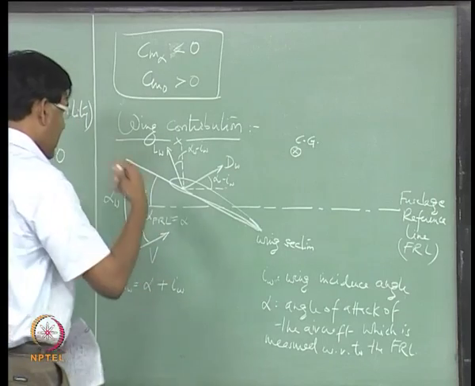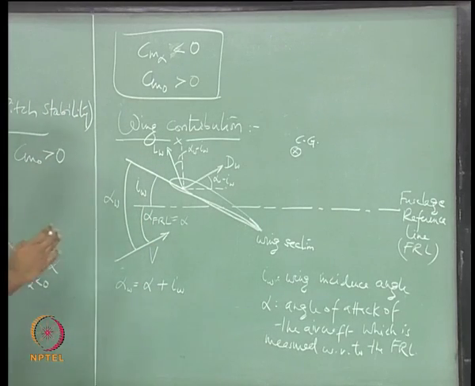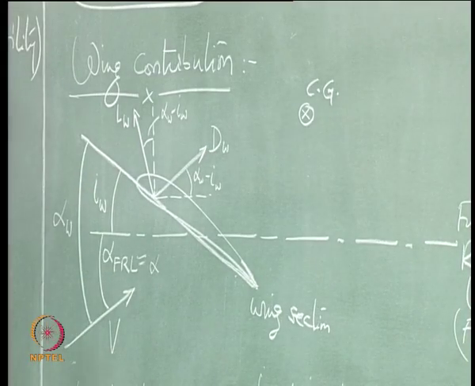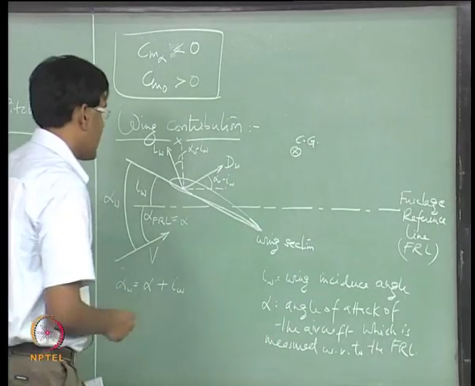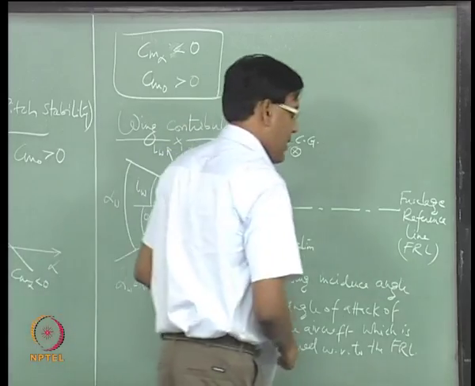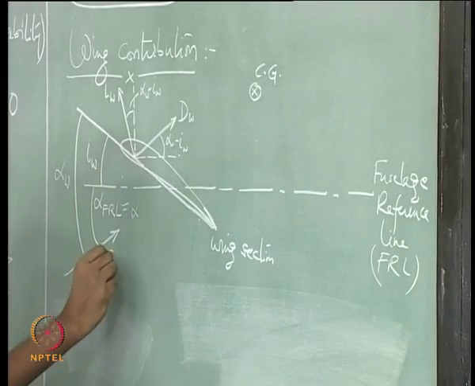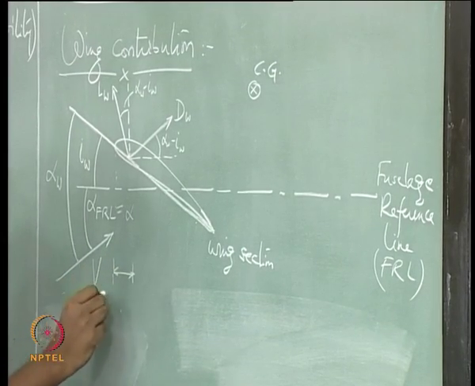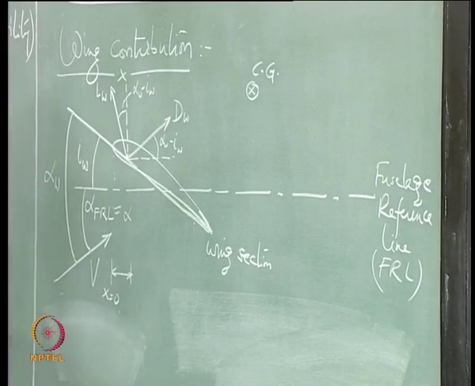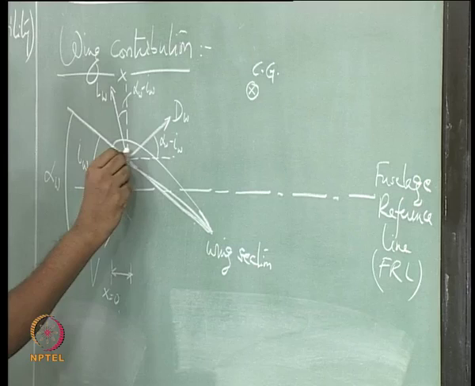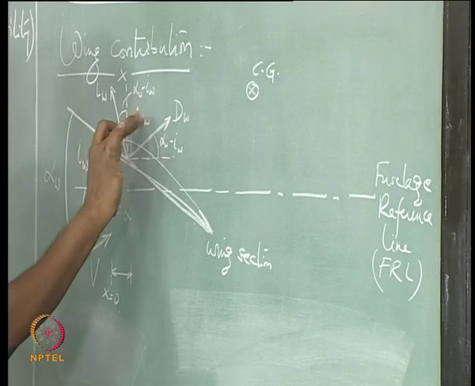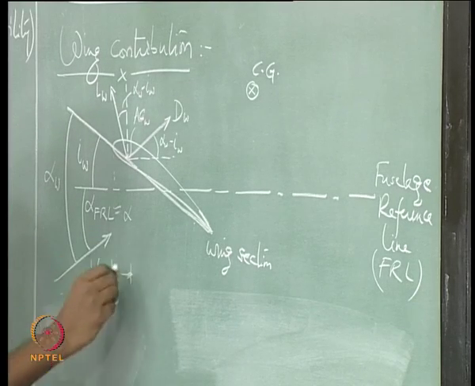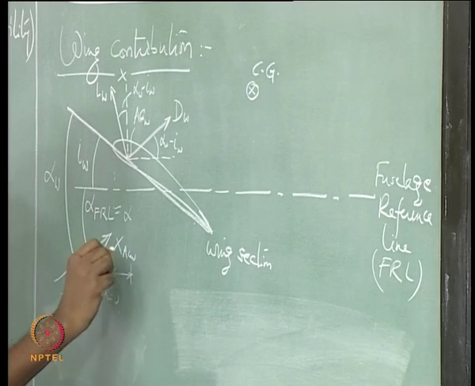In this formulation, or in general, the distances on the aircraft are measured with respect to the wing leading edge, as far as the static stability analysis is concerned. So, this point is the wing leading edge, and the distance of the aerodynamic center of the wing from this leading edge is x a c w.